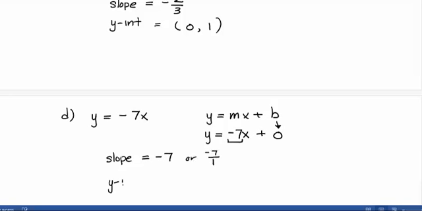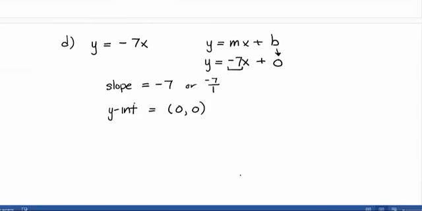And my y-intercept is the point 0, 0. Notice though, if my y-intercept is 0, 0, that means this line goes through the origin. So when you graph it, it should go right through the origin, where your x and y axes cross.